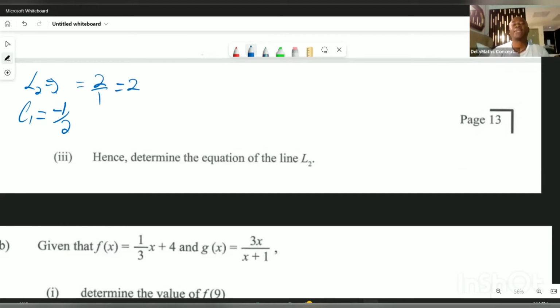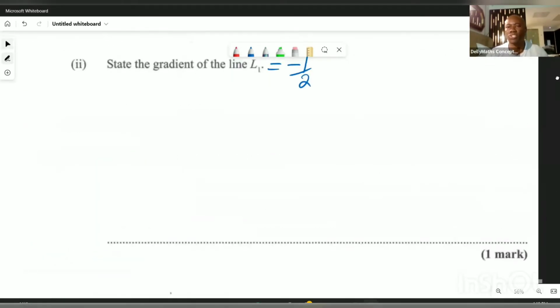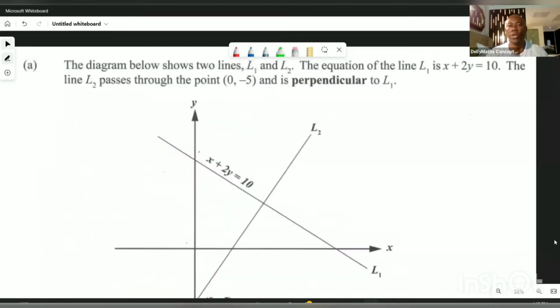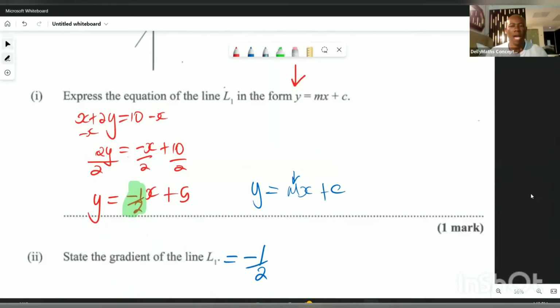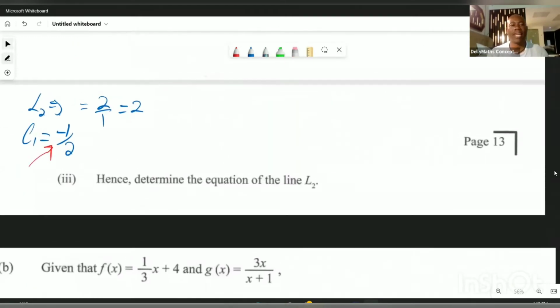Remember that when two lines are perpendicular, their gradient is the negative reciprocal of the other. We were told that line 2 is perpendicular to line 1, so that gives us the gradient of line 2. So there it is, 2.